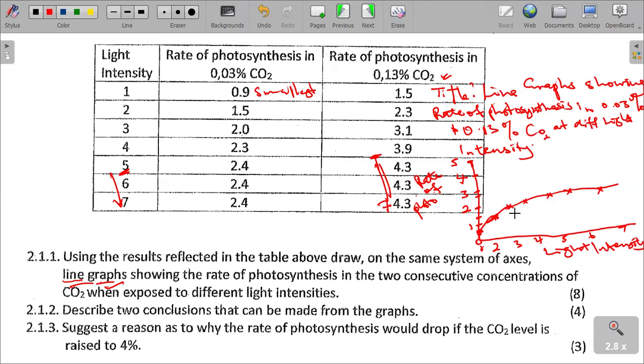I will show you now that the difference, the other one, I'm going to make it broken. The other one, I can make it solid. And then this is the one for 0.13. It starts at 1.5, which is starting there.